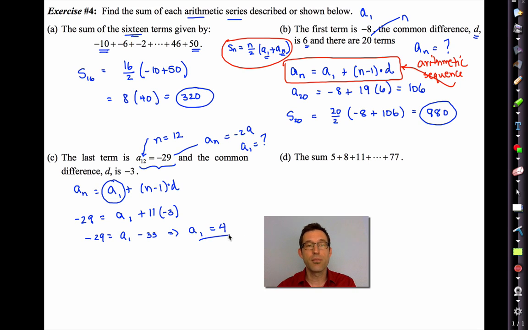We have our first term, we have our last term, we have the number of terms. So the 12th sum is going to be the number of pairs, right? 6 of them, times my first term, plus my last term, that common sum, and we end up with a total sum of -150.